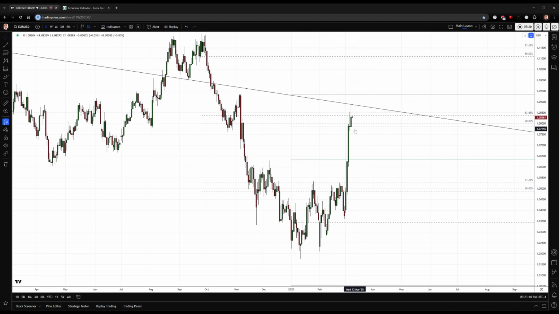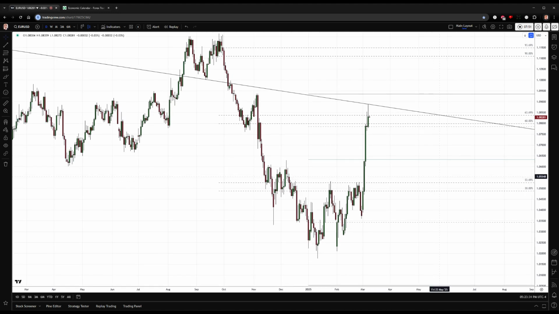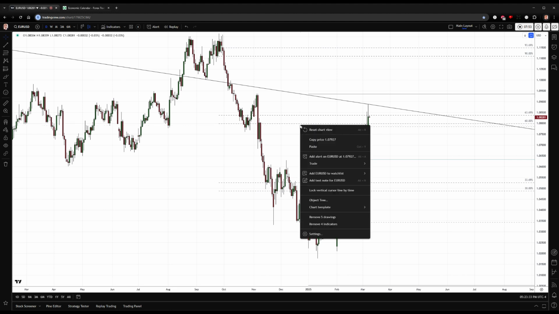And I feel that if we do pull back, there's a good chance we might come down to this area again, possibly lower, but as a conservative target, this area would be really a good area. I don't know how many pips that is. That's probably about, we're looking at about 170 pips or so, almost close to 200 pips. So that would be a good trade. So that's where I'm looking at right now for the Euro USD.